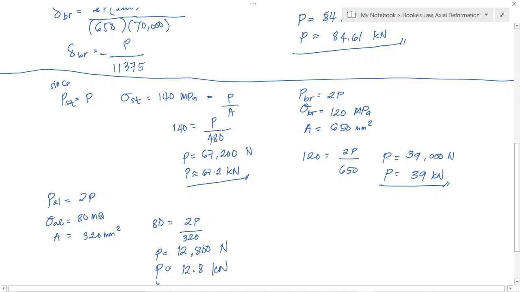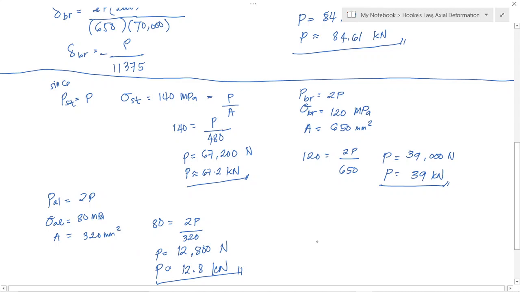Okay, comparing the four results, considering the maximum allowable deformation of 3 mm, the P is 84.61. Considering the stress sa steel, ito naman yung allowable P. Then for bronze, 39, and then for aluminum, 12.8.